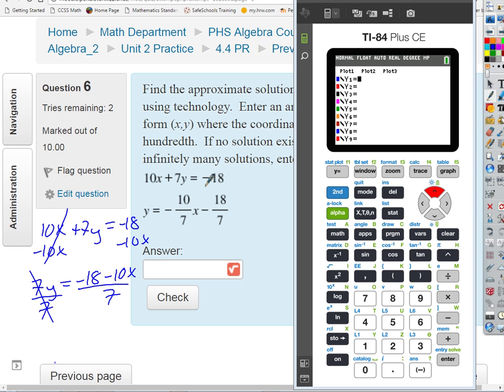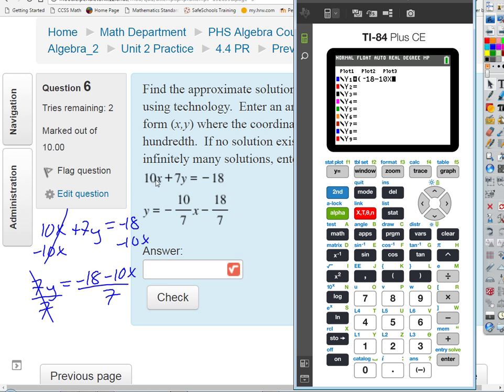If we're looking at this top one, I'm going to open a set of parentheses that represents the numerator. Whatever number is already on that side is going to be part of the numerator. In this case, I subtract 10x away from both sides, and that ends up also being in the numerator.